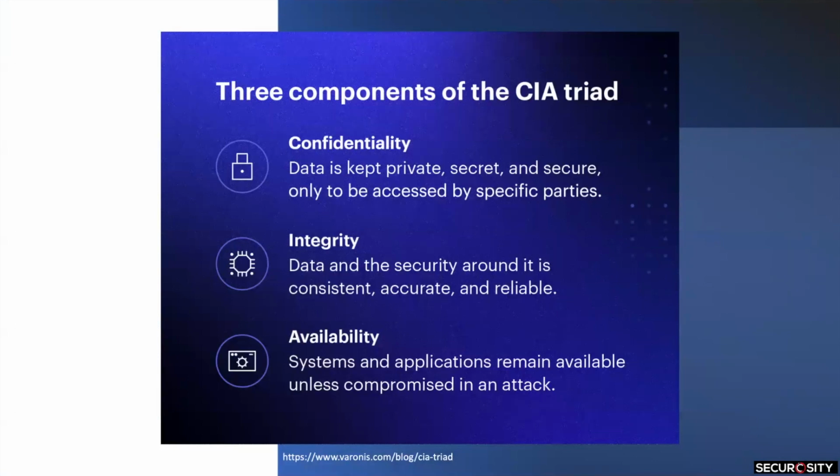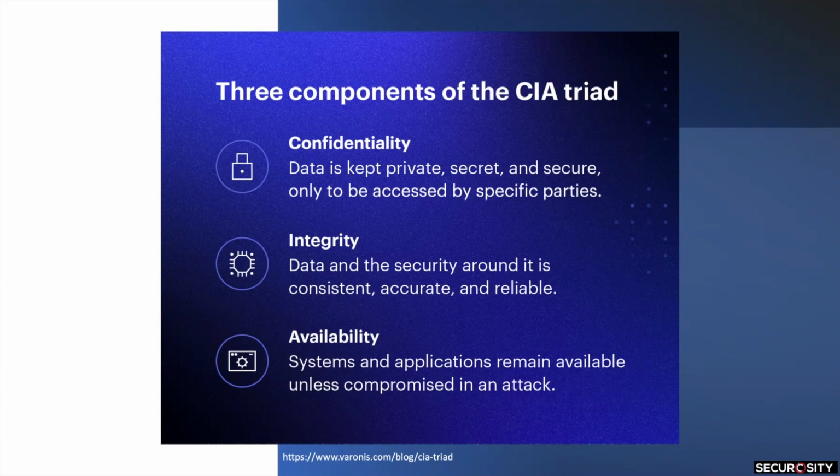Only authorized users and processes should be able to access or modify data. Next, integrity. It's about keeping data consistent, accurate, and reliable, as well as ensuring data is guarded against improper information modification or destruction, either accidentally or maliciously. And finally, availability.